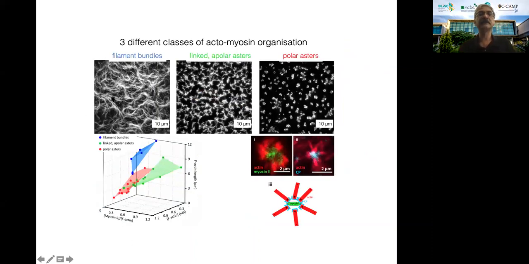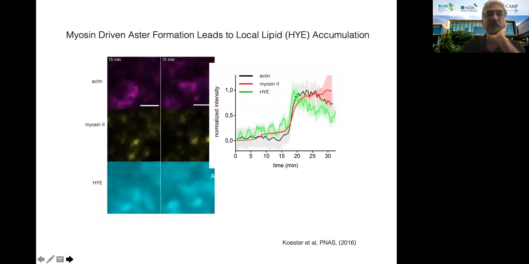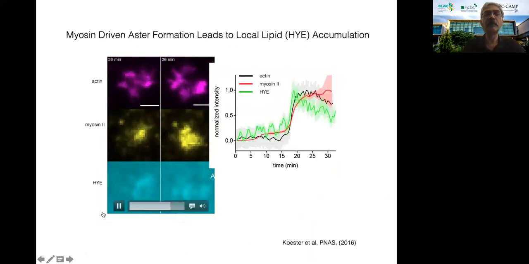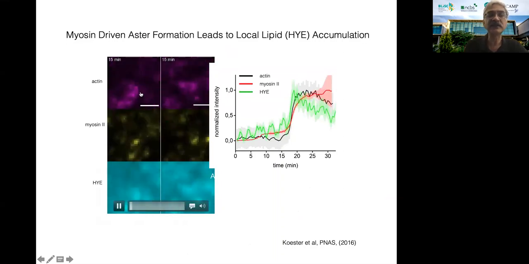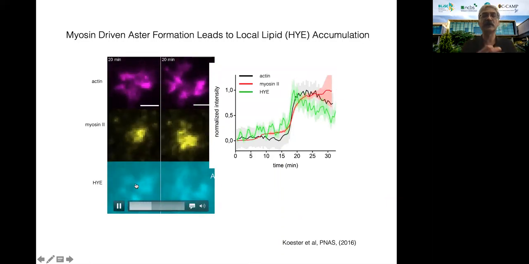They saw these patterns of filament bundles, linked apolar asters, and these very exciting polar asters, which we thought were the elements that were contributing to our clustering phenomena. And in fact, that's what it looks like here. These polar asters form, here's myosin clustering, here's the actin clustering, and here is the membrane element that's binding the actin that's also getting clustered.